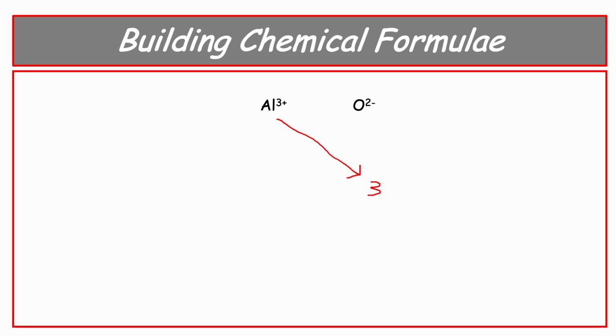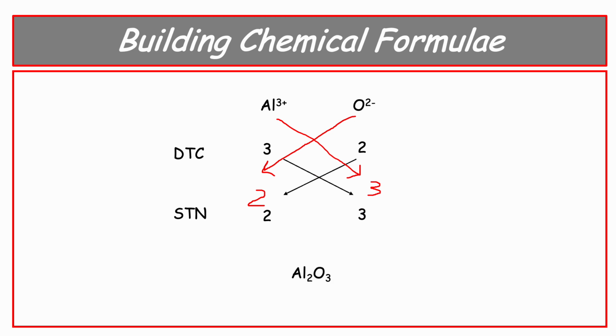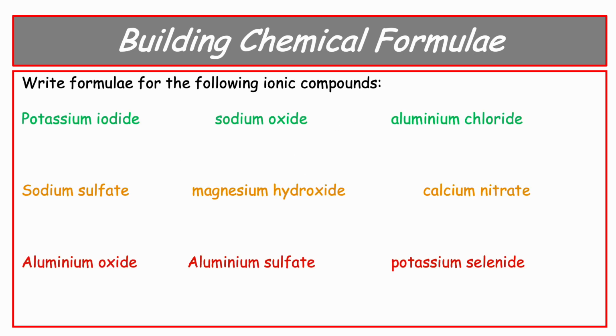Oxide is minus 2, so I take that 2 and times it by aluminium. So I need 2 lots of aluminium. Therefore, my formula of aluminium oxide will be Al2O3. Pause the slides and have a go at writing formula for the following ionic compounds.